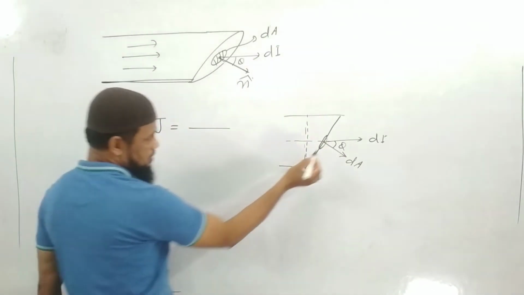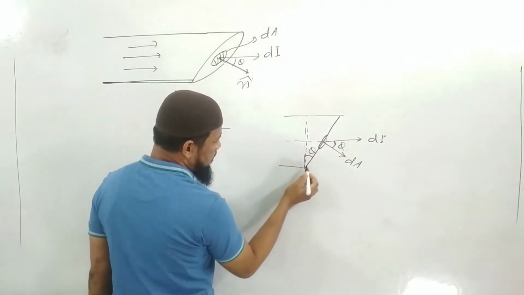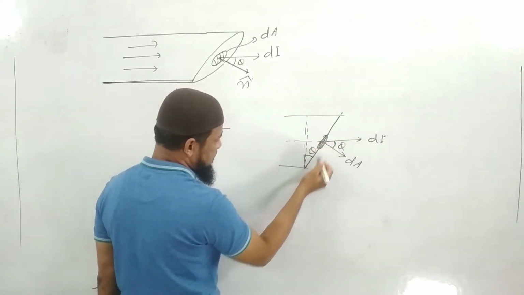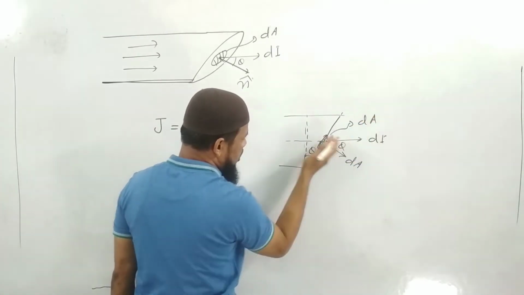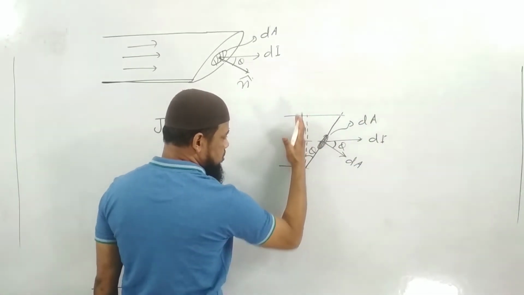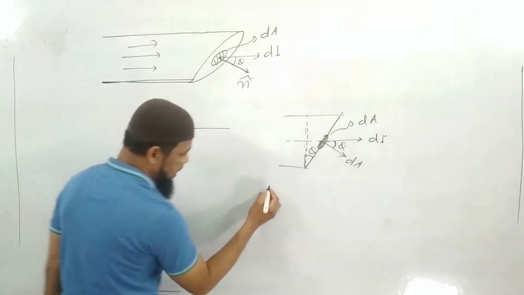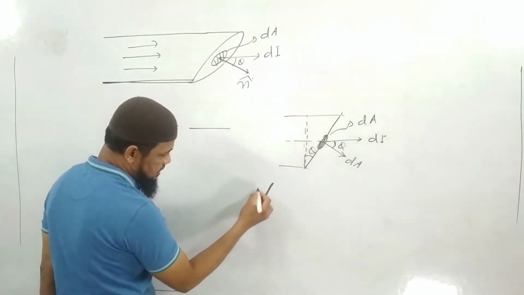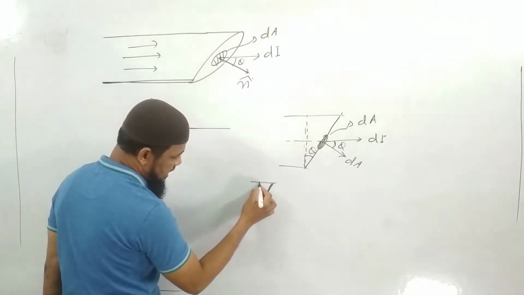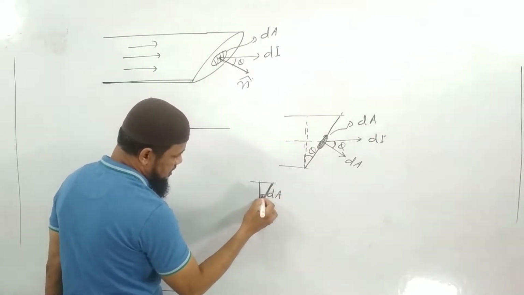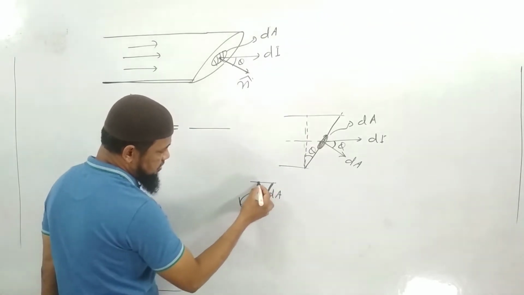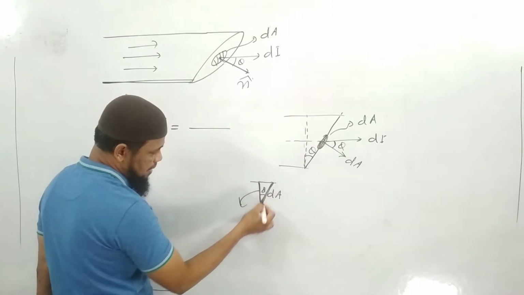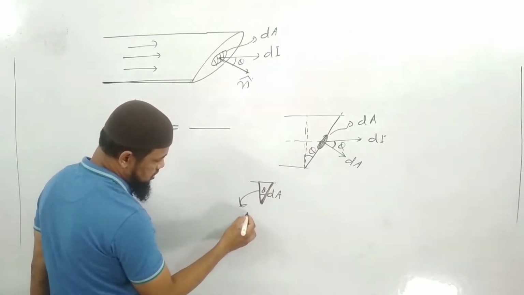If this angle is theta, then this is also theta. From this triangle, the hypotenuse is dA, so the base will become how much?